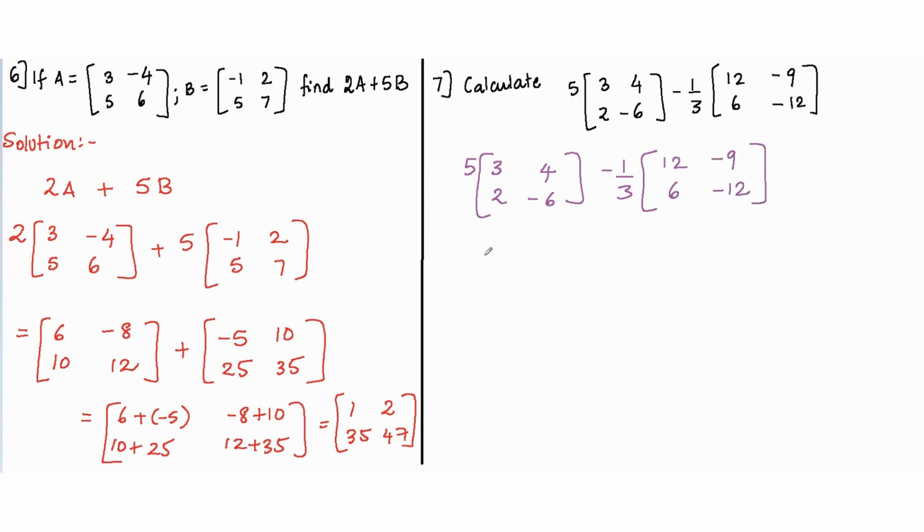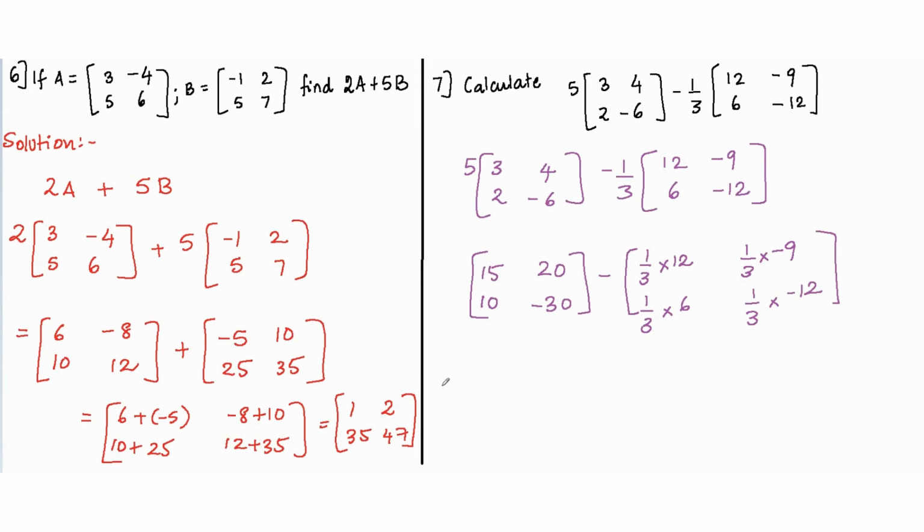So let's multiply 5 with all the elements inside. 5 3s are 15, 5 4s are 20, 5 2s are 10, and 5 into minus 6 is minus 30. Let me keep the negative sign as it is, and let me shift the 1/3 inside. So this is 1/3 of 12, 1/3 of negative 9, 1/3 of 6, and 1/3 of negative 12.